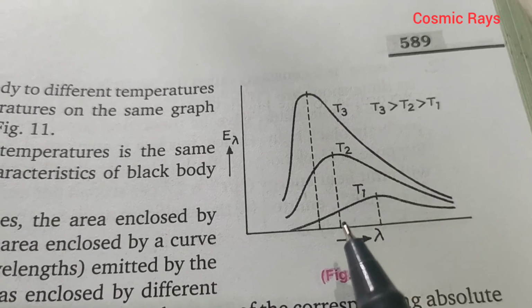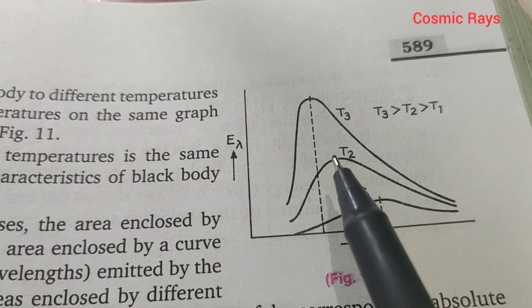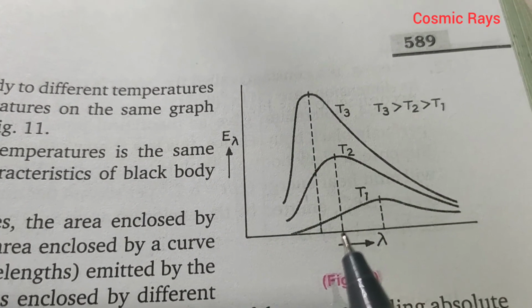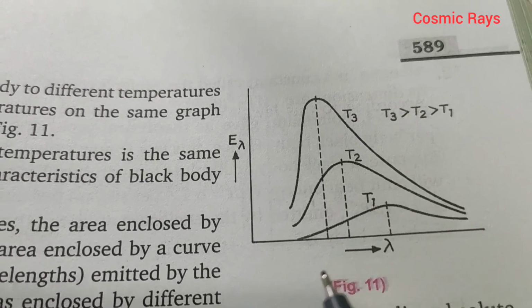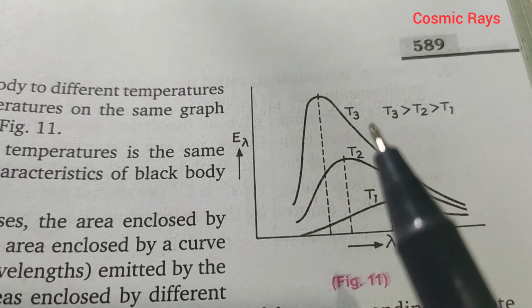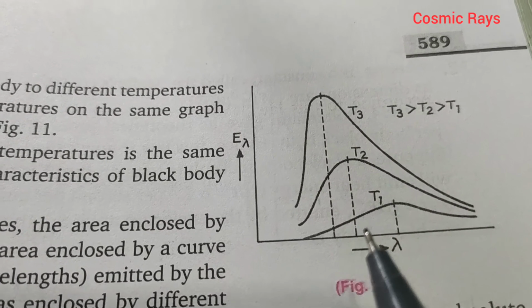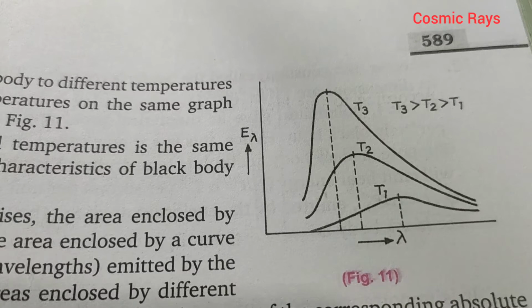Furthermore, when the temperature increases, again the peak has been displaced from this point to this point. On the wavelength axis, again there is a decrease in the wavelength. So as the temperature increases, the energy emission will be maximum for the shorter wavelength.